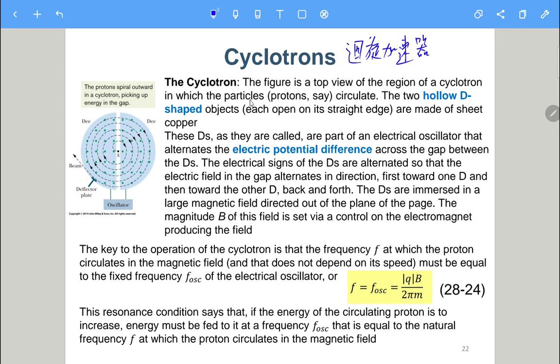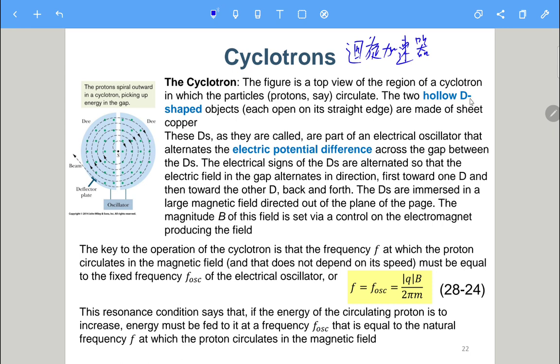So it can accelerate some charged particles. And it says here, it's the top view of the region of the cyclotron in which the particle, say a proton, circulates. So the proton or the charged particle can go like this, like this, like this.